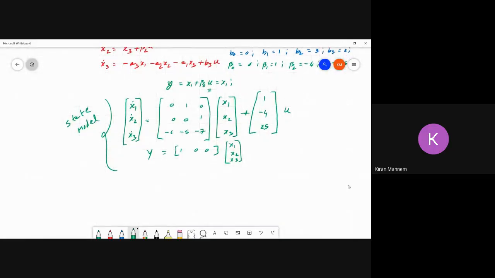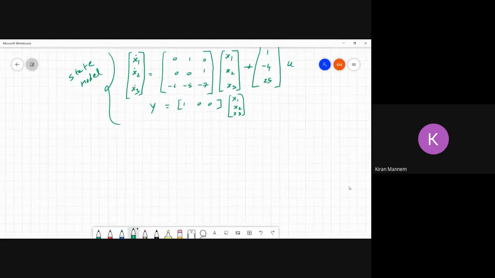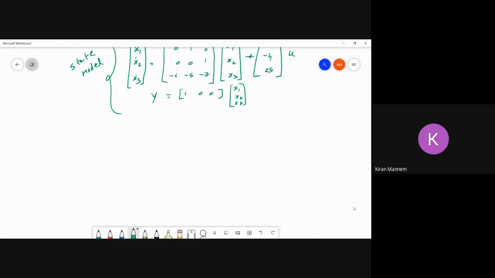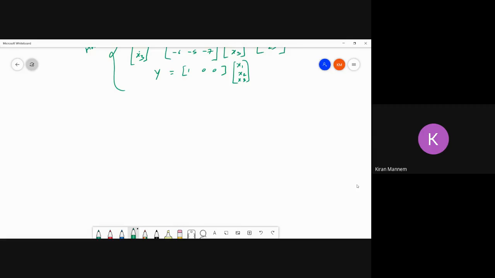Then let us look at the last topic in this 5th unit. That is solution of state equations. Let me put the heading: solution of state equations.